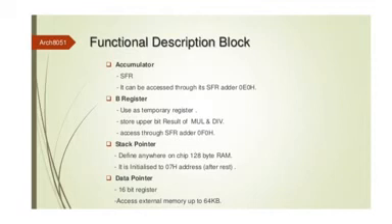Now we are talking about the data pointer. Its function is to hold a 16-bit address. The data pointer is used for addressing off-chip data and code with two instructions, MOVX and MOVC.